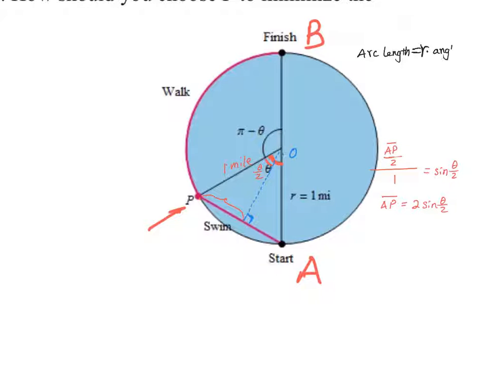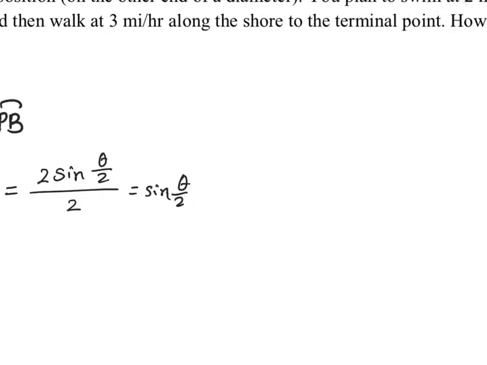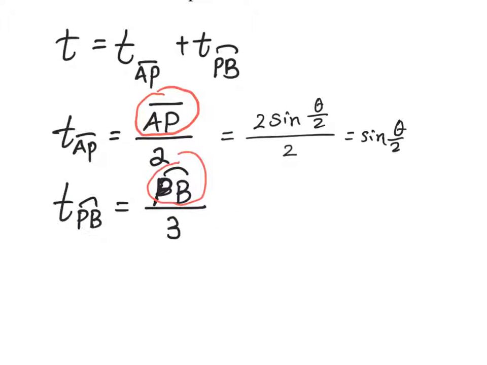In this particular case, the radius is 1, and the angle is pi minus theta. So with that, the time traveling from P to B along the circle should be equal to pi minus theta divided by 3.